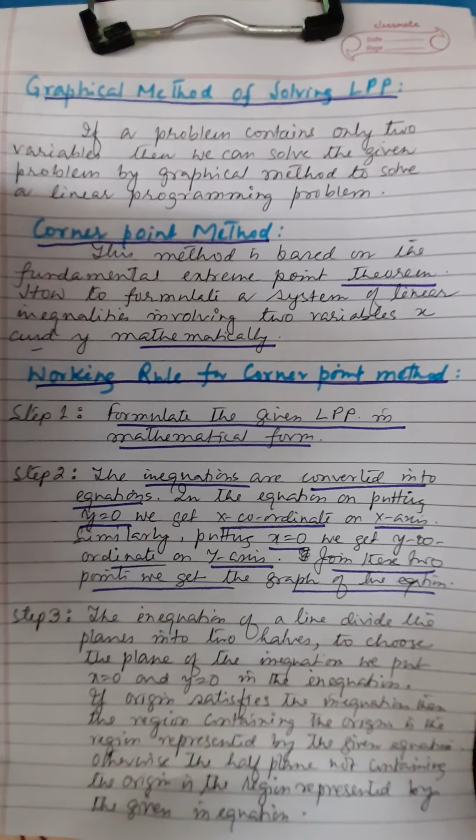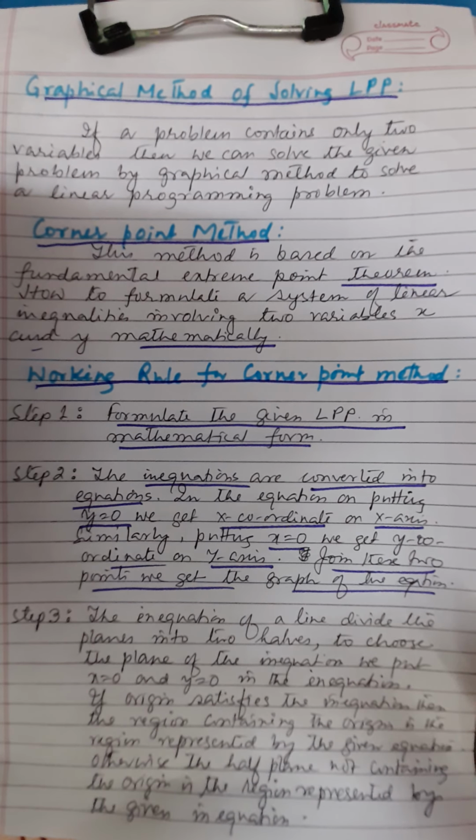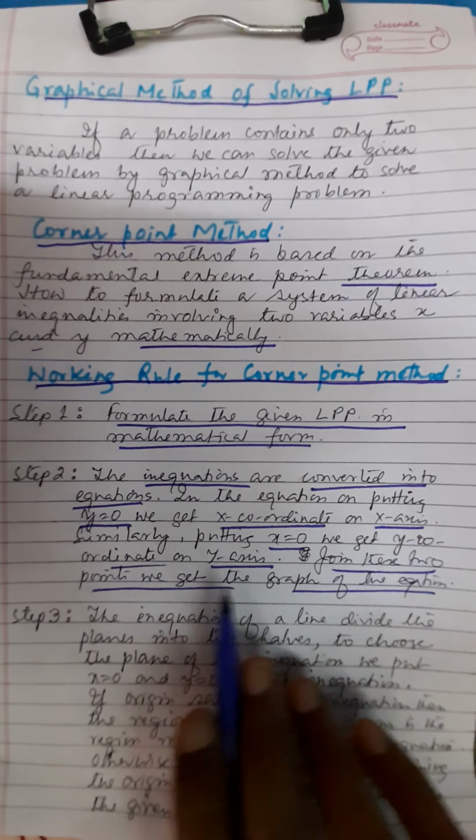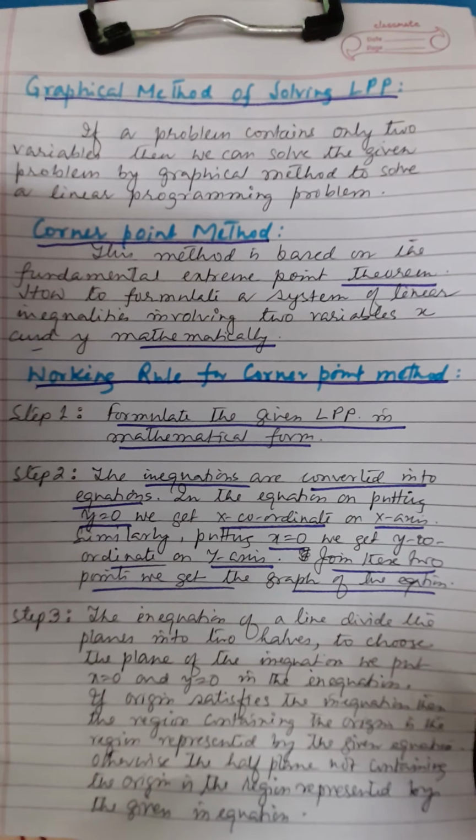Okay, and the easy process is what? We put y equal to 0 to get the x coordinate on the x axis, and if we put x equal to 0, we will get the y coordinate on the y axis. That is the thing.